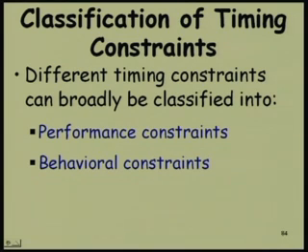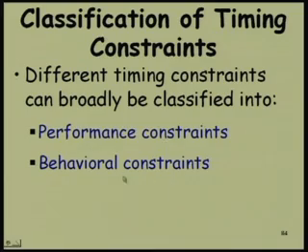The constraint is with respect to two events actually. Performance constraints are with respect to the stimulus event, and how much time it takes the system to generate the response event, that is the performance of the system, right.